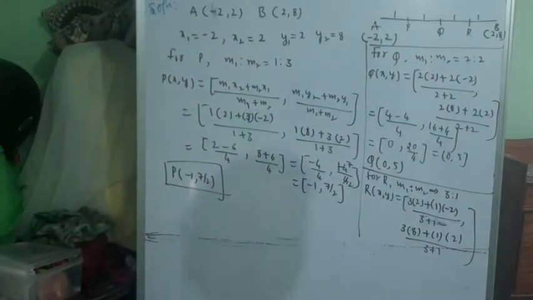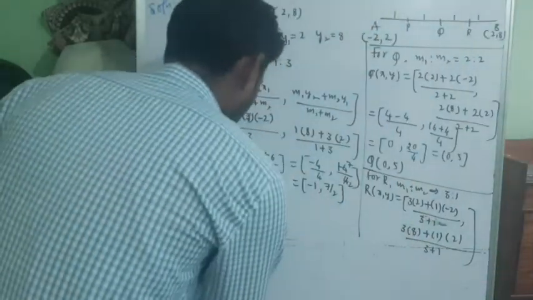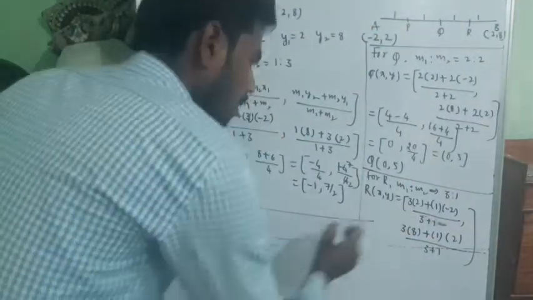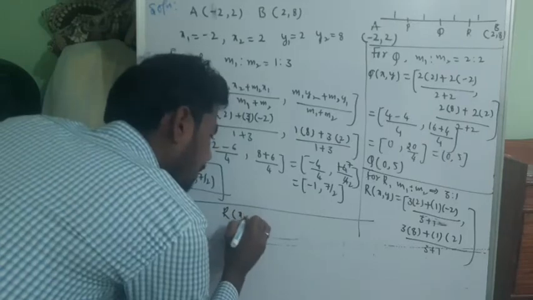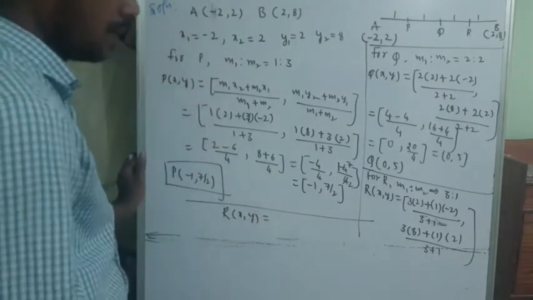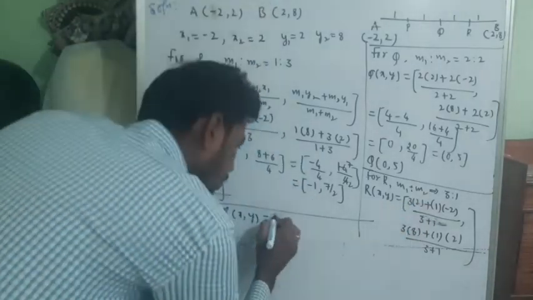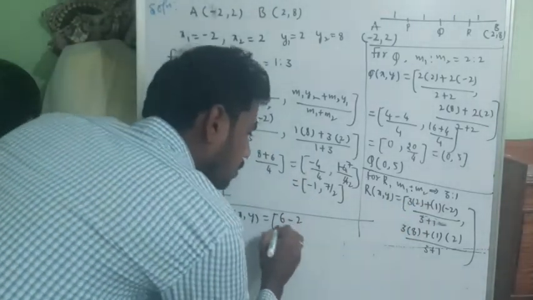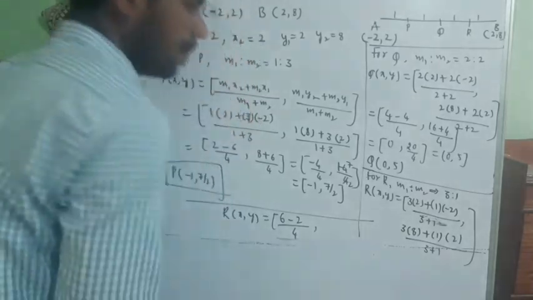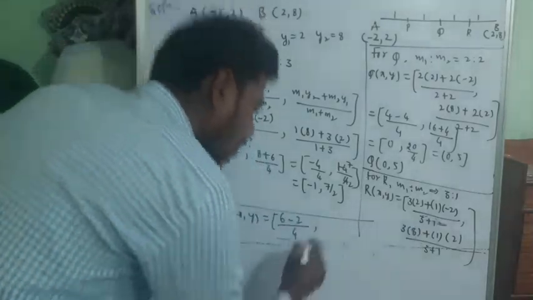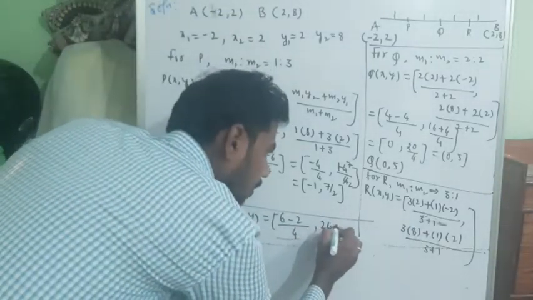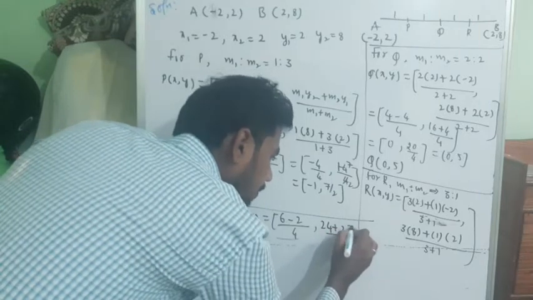So R of xy is equal to, 3 2s are 6, 6 minus 2 divided by 4, comma, 3 8s are 24 plus 2 divided by 4.